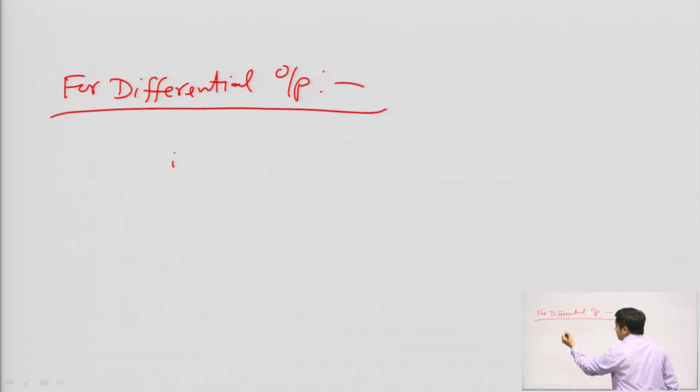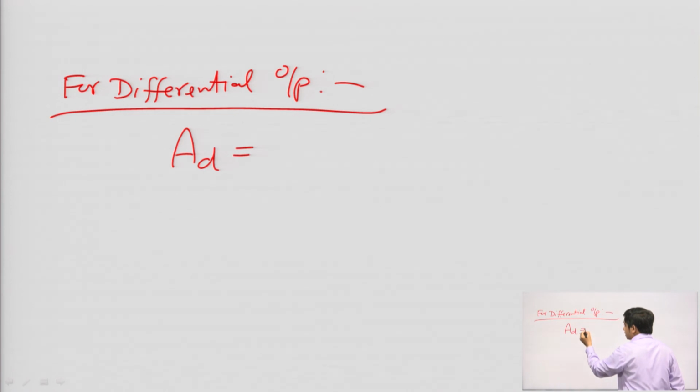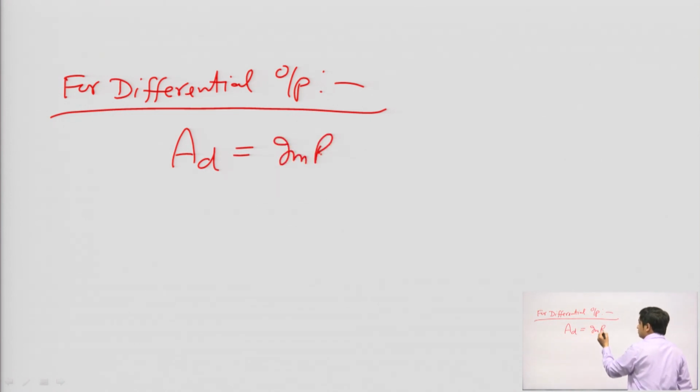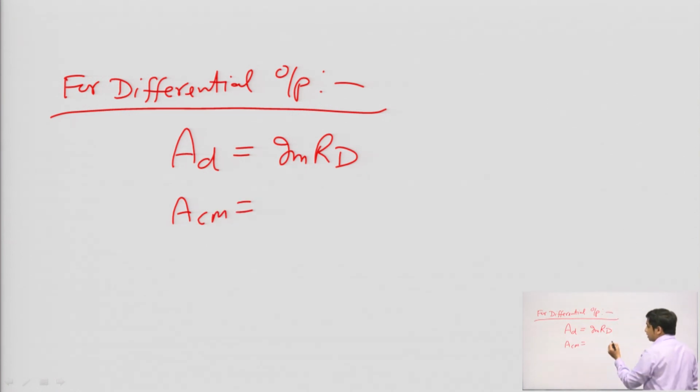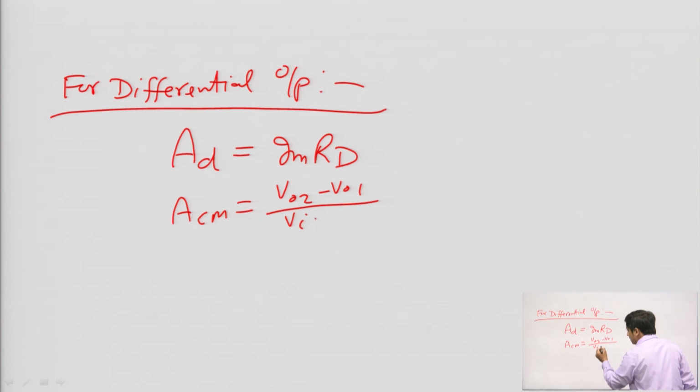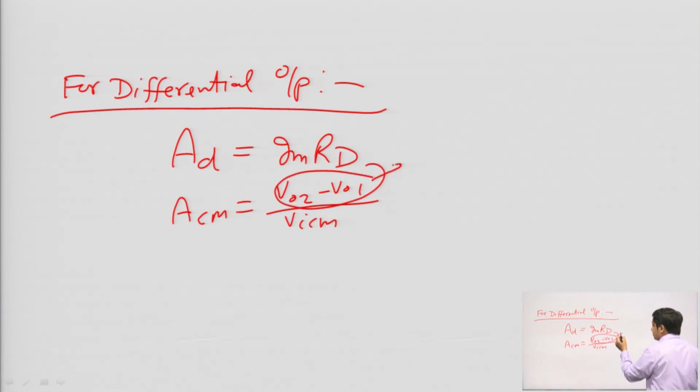In this case we have already calculated the differential mode gain, that is GM into RD, and the common mode gain in differential output will be VO2 minus VO1 upon VICM, and in case of differential output this VO2 minus VO1 will be 0.